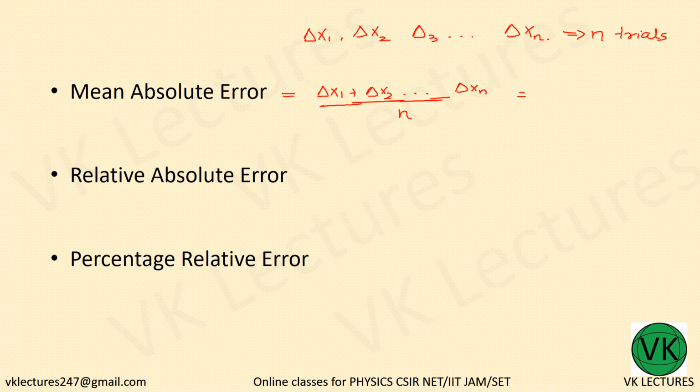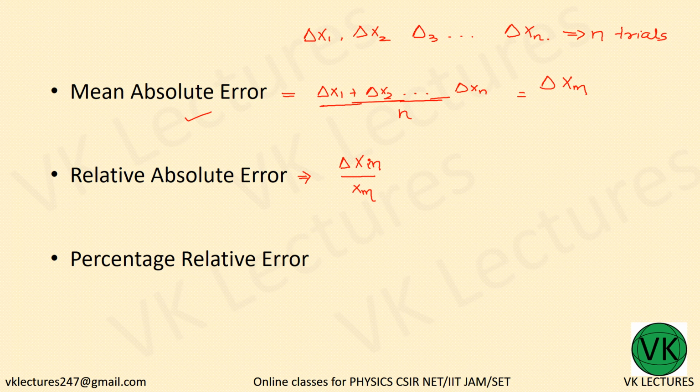Now coming to relative absolute error. What do you mean by relative absolute error? Sorry, here it is xm, so this is delta xm. This value is called mean absolute error.